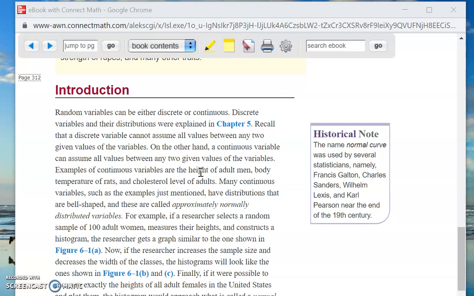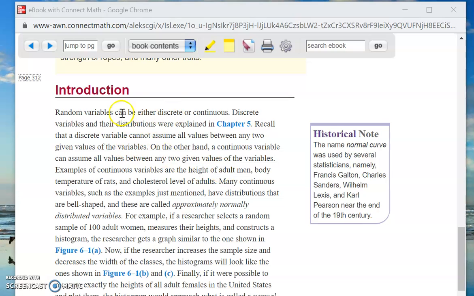Chapter 6 is continuous probability distributions, and specifically we're going to talk about the normal distribution, because the normal distribution is the most important continuous probability distribution. I wish he would have said that so that we would have made it abundantly clear that we're going from chapter 5, discrete probability distribution, to chapter 6, continuous probability distribution.